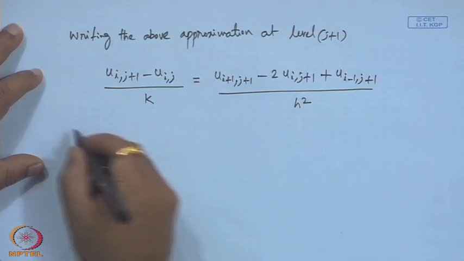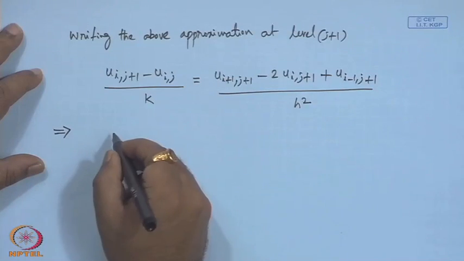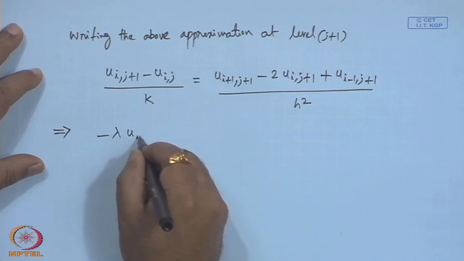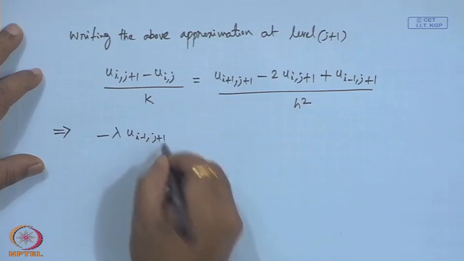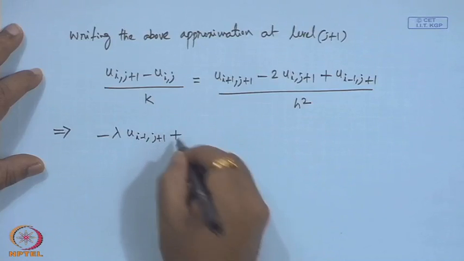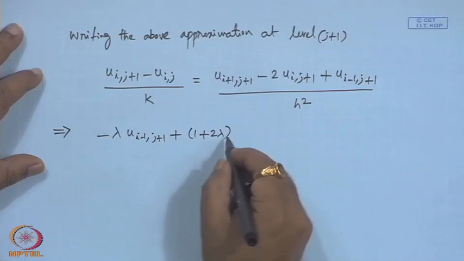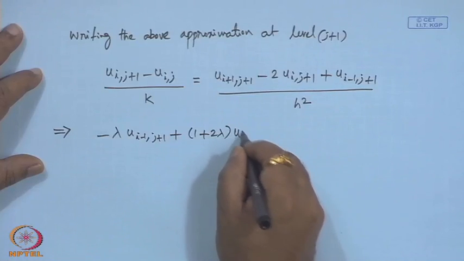This can be simplified. Lambda is our grid parameter.